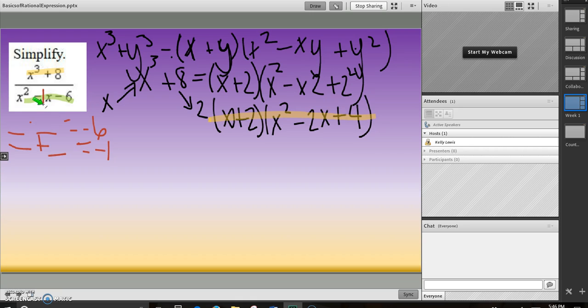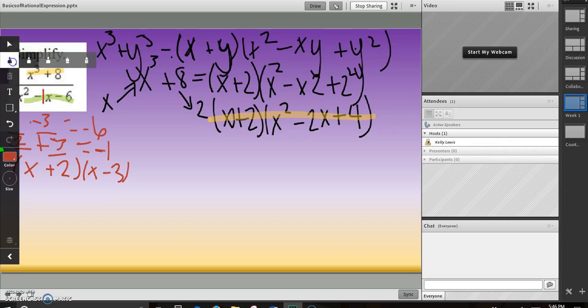My choices for 6 are 1 and 6, and 2 and 3. But the 1's negative, so let's try 3. 2 times negative 3, negative 6. 2 plus negative 3, negative 1, so that works. So I'm going to do x plus 2, x minus 3. Those are the factors of x squared minus x minus 6.